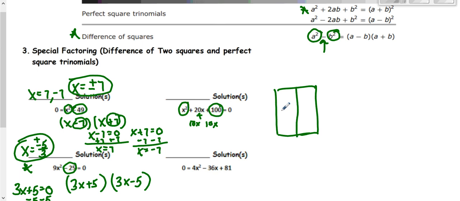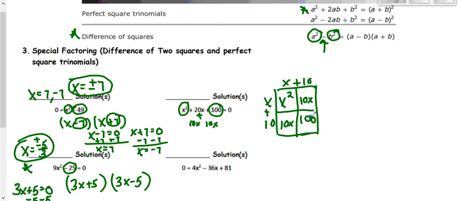And then I choose to set it up so I can see that it really is a perfect square. So now I have x squared. This could be 10x. This could be 10x. And then if it is a perfect square, this should be x plus 10 and x plus 10. And this is 100. So it is a perfect square.